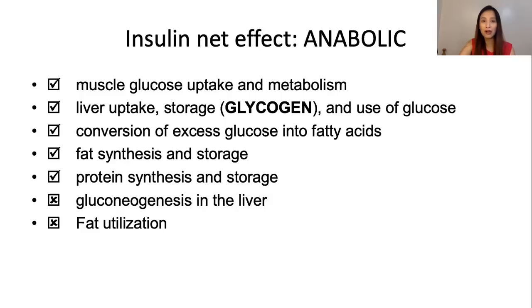So to summarize all of the anabolic effects of insulin: it promotes muscle glucose uptake and metabolism, liver uptake of glucose and storage in the form of glycogen and utilization of glucose, conversion of excess glucose into fatty acids, fat synthesis and storage, protein synthesis and storage, and on the other hand, it inhibits gluconeogenesis in the liver in order to conserve amino acids for protein building. And lastly, it inhibits fat utilization.